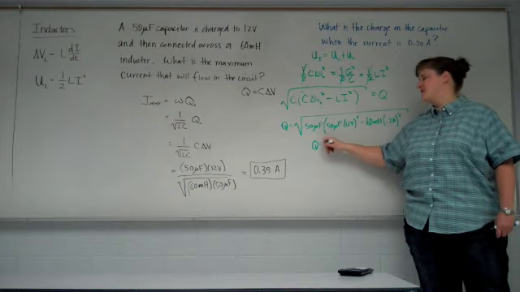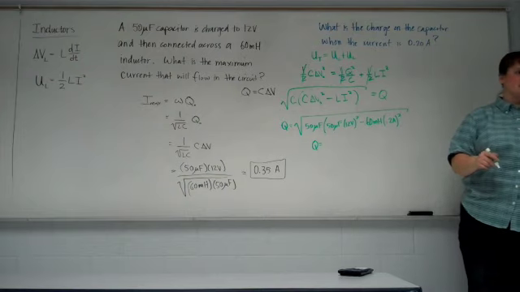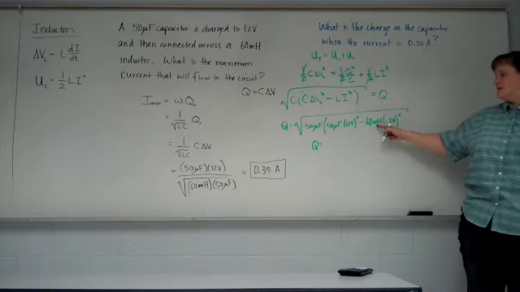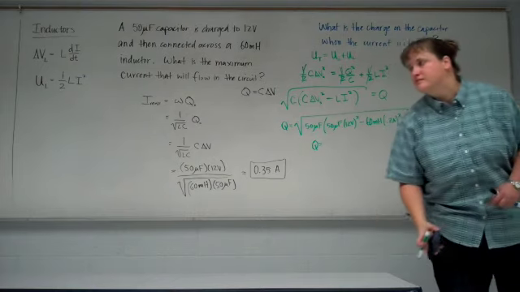And again, when you plug it into your calculator, you have to put 10 to the negative 6 in for micro and 10 to the negative 3 in for milli.